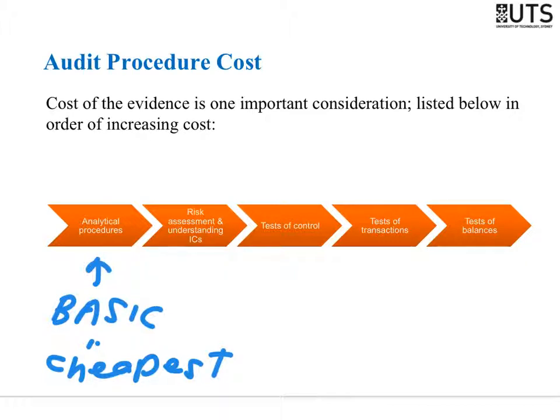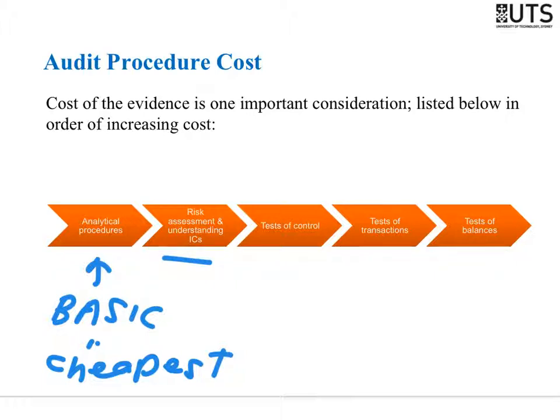So if they give it all to you in Excel, all you're doing is calculating ratios or calculating trend analysis, doing percentages and so on. So it's not actually very detailed. It's quite easy and it doesn't require too much effort. Hence why it's the cheapest. It doesn't require that much time either. Okay, it's the cheapest. After that, you've got your risk assessment.